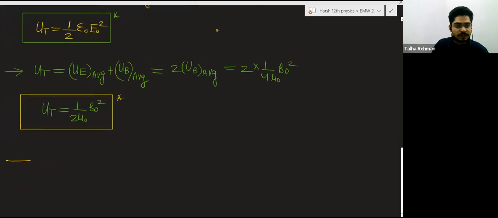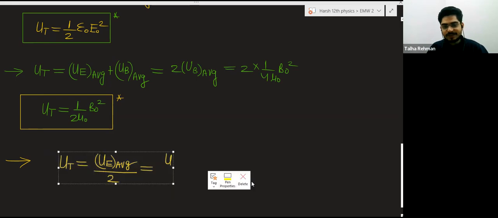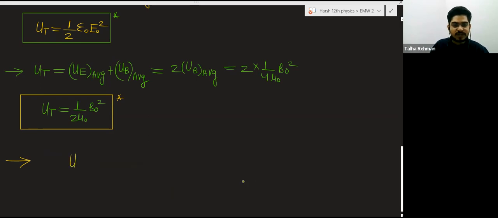So basically the conclusion is that the total electrical energy density is equal to the total magnetic energy density.